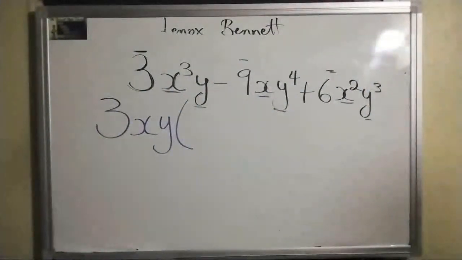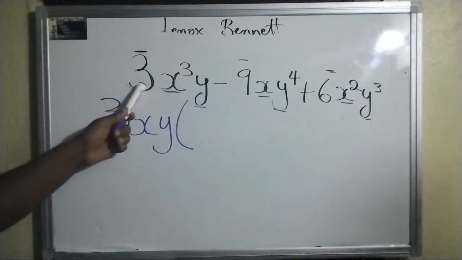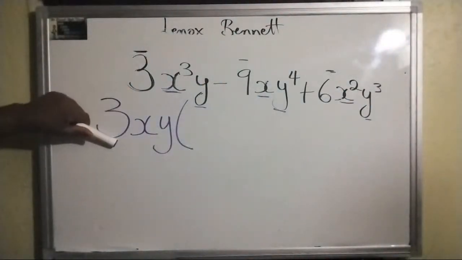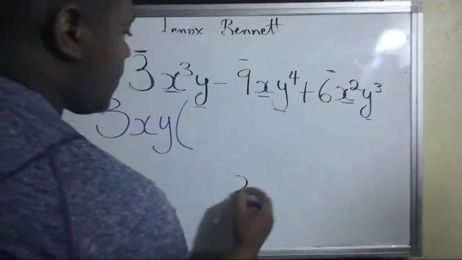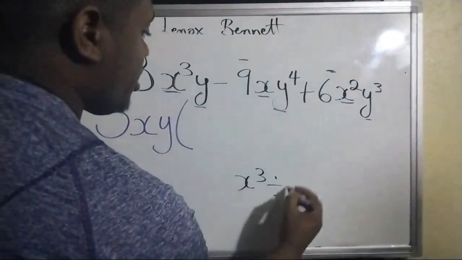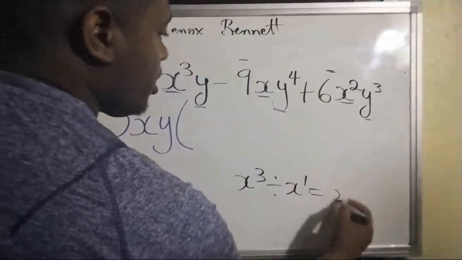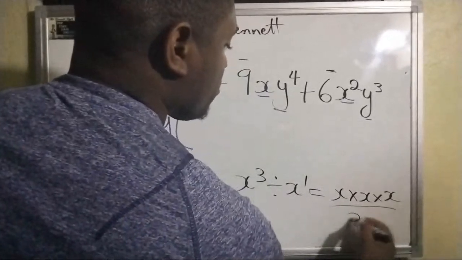Now we divide 3xy into 3x cubed y. The 3 cancels the 3. When we divide, for example, x to the third divided by x to the 1 is the same thing as x times x times x over x.